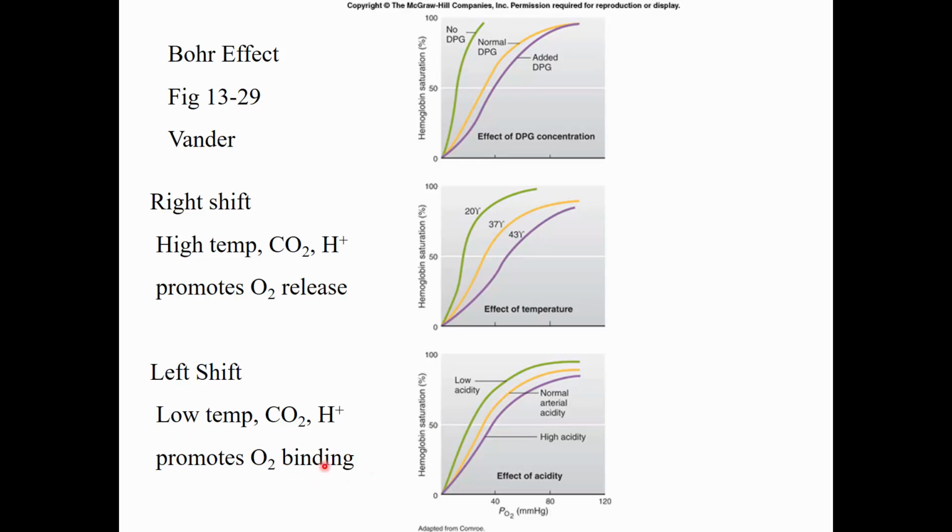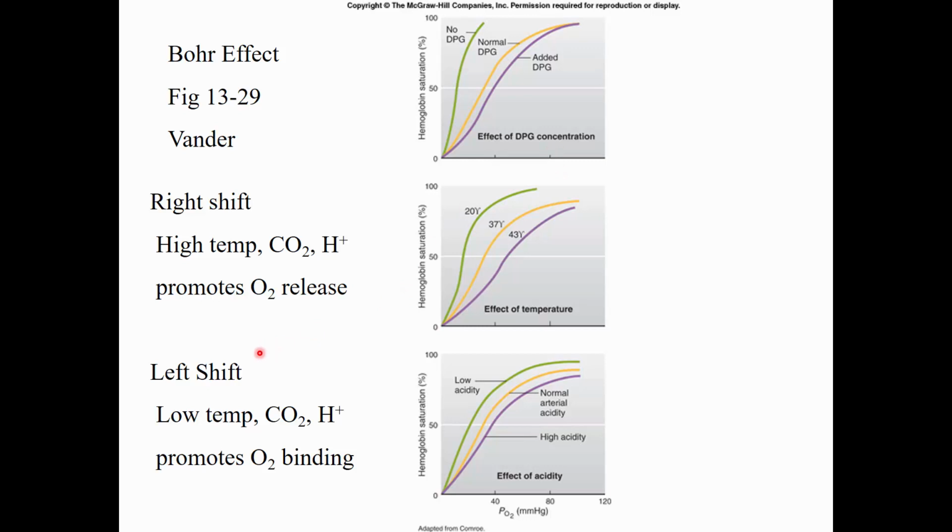And what does that? Well, things that increase your metabolism. Increase temperature, increase CO2, increase hydrogen ion, increase glycolysis metabolites, which is what this DPG stuff is. These are all things that say, hey, we're working harder. Shift that curve and give us a little more oxygen.